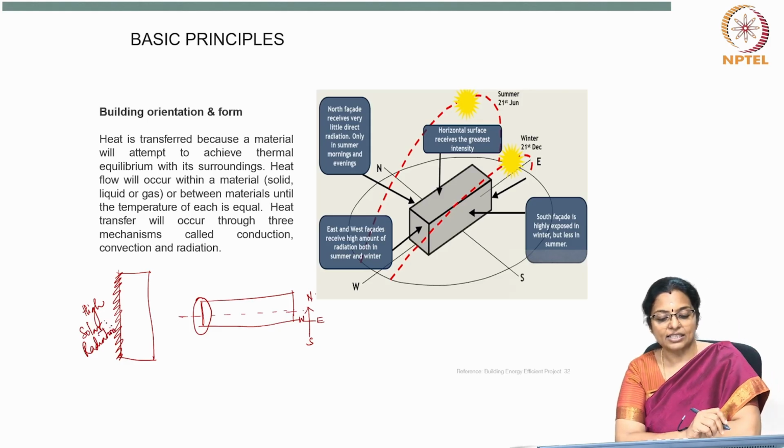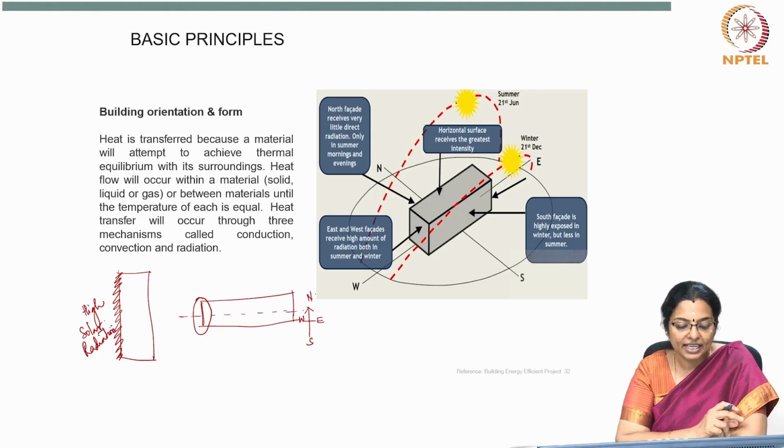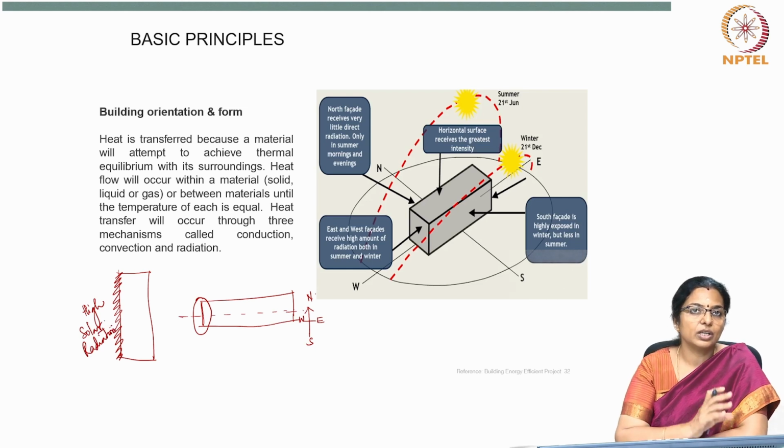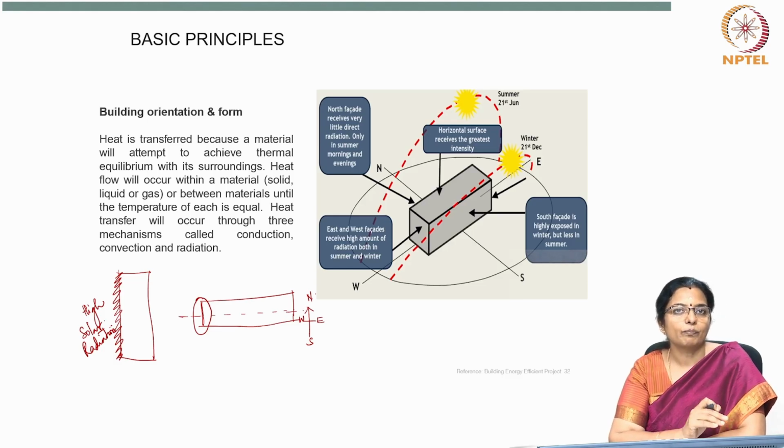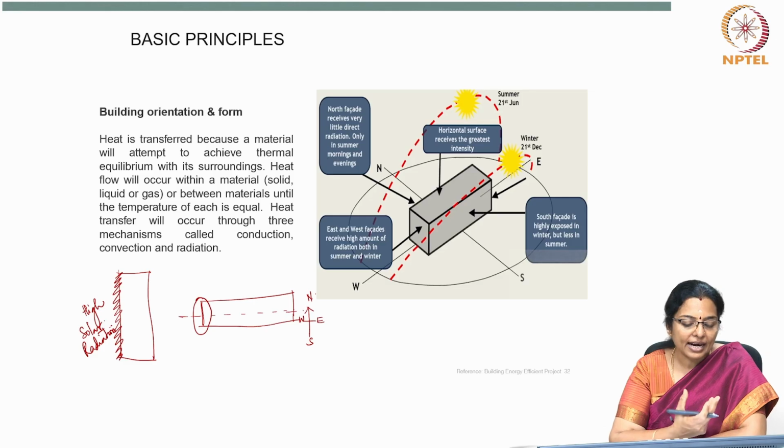So, heat is transferred because the material will attempt to achieve a thermal equilibrium with the surroundings. Heat flow will occur within the material, whether it is solid, liquid or gas, or between materials until the temperature of each is equal. Heat transfer will occur through these mechanisms, and in this case it will be primarily conduction.